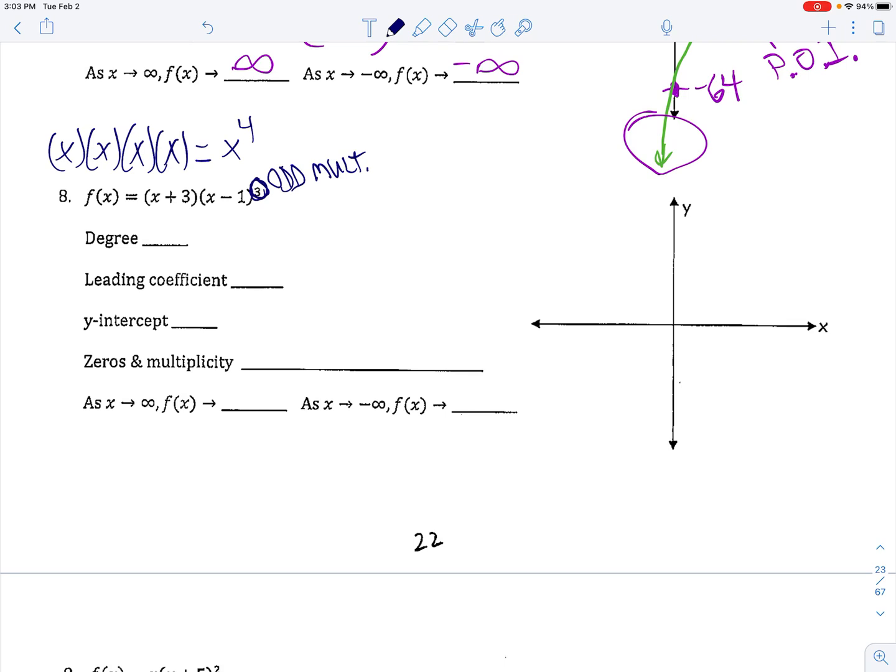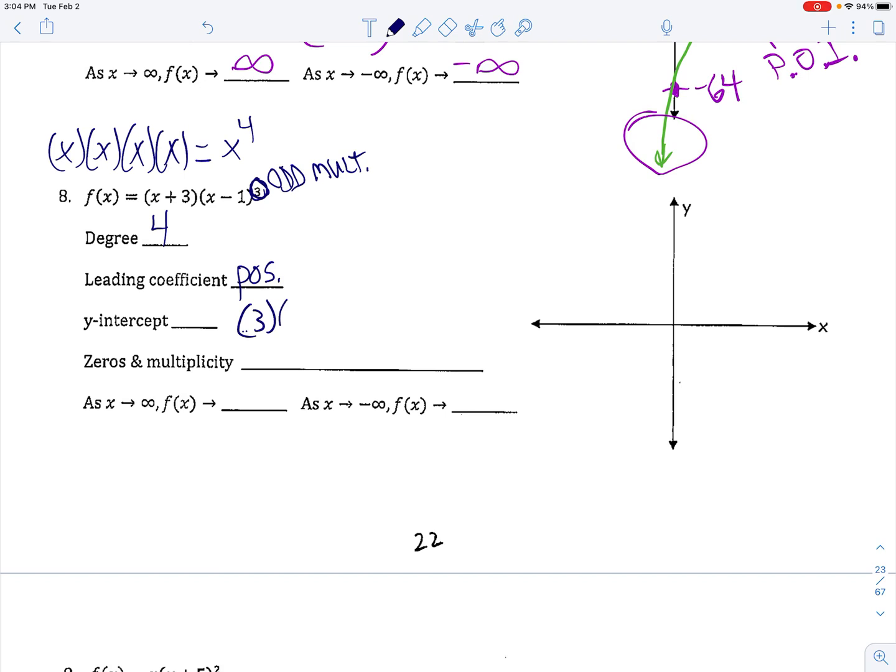If we were to multiply this all out, it would start off x to the 4th. So this is a degree 4 polynomial function with a positive leading coefficient. Like I said, it's a 1. You can write 1 there if you want.